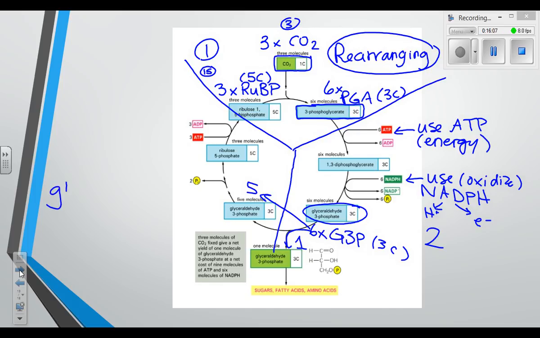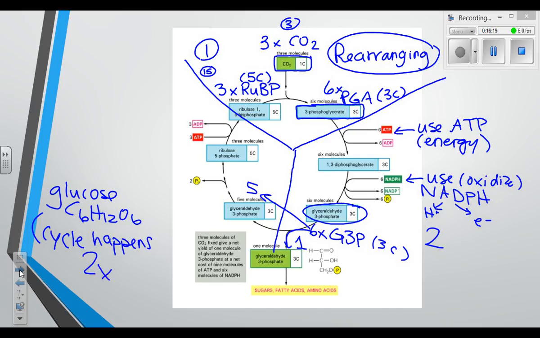Glucose is C6H12O6. That means that this cycle happens 2 times for every 1 glucose that I make. So every time 1 photosynthesis reaction happens, this process happens twice.